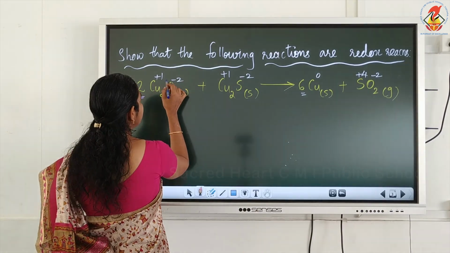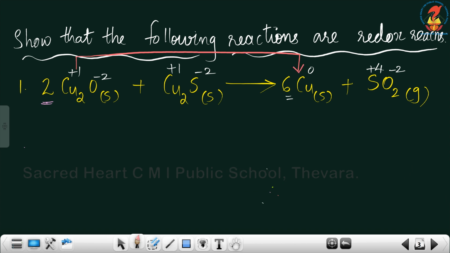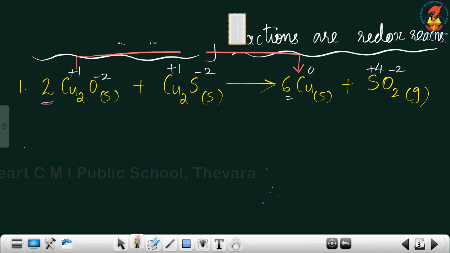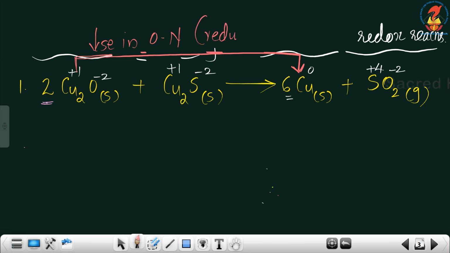So what is the change in oxidation state of copper? Copper +1 to 0. +1 to 0 means there is a decrease in oxidation number, and a decrease in oxidation number represents reduction.